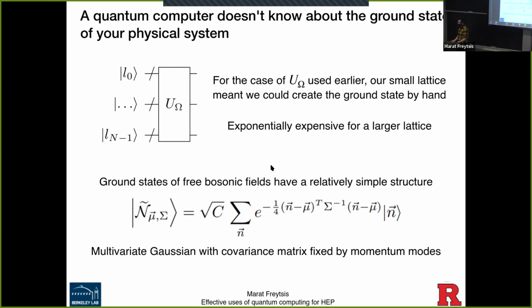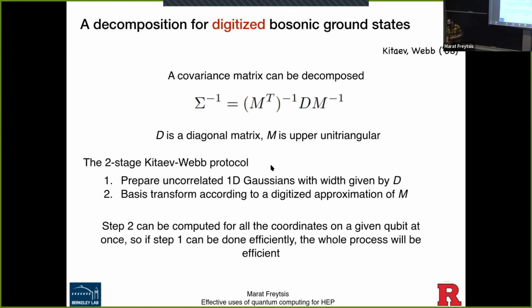If this is going to scale up, we need some sort of efficient way of building up these ground states. At least conceptually, a method for doing this was worked out by Alexei Kitaev and John Webb in 2008, which essentially came down to the statement that a free theory ground state is really some set of correlated Gaussians.